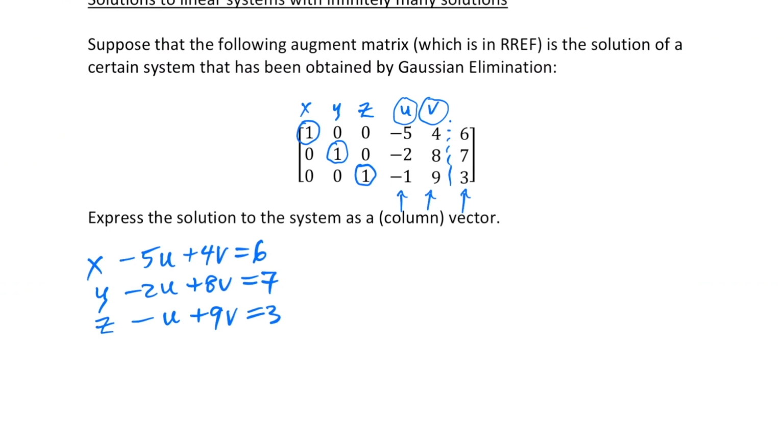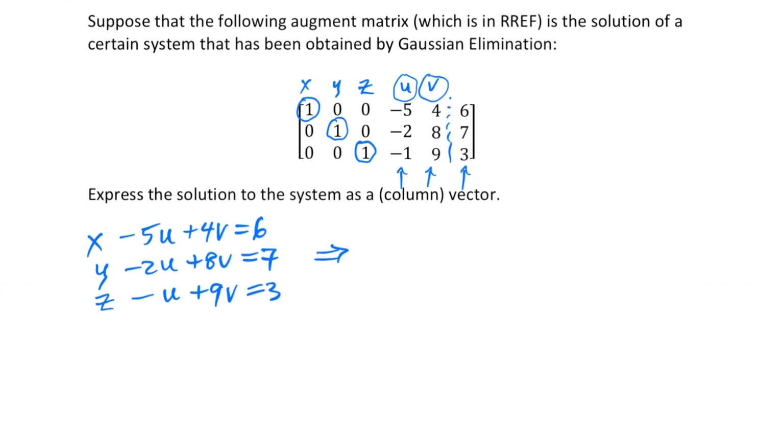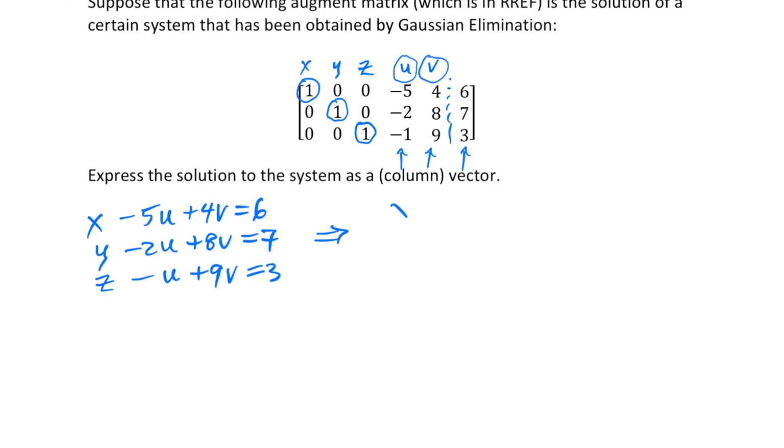Okay, now if we were to solve for x, y, and z, the basic variables in terms of these here, we would do this. We would say x is 6 plus 5u minus 4v. y equals 7 plus 2u minus 8v.